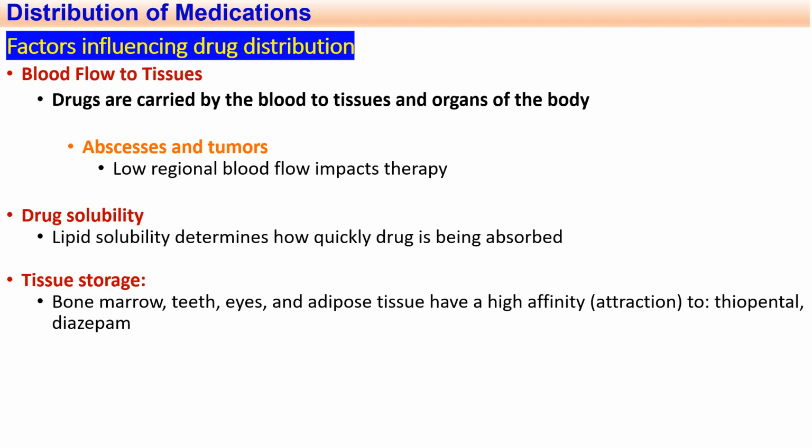So what about abscesses and tumors? Low regional blood flow impacts therapy, like when there is low blood flow or ischemia. The pus-filled pockets lack blood vessels or a bloodstream. So there are no internal blood vessels in these pus-filled pockets or abscesses. No perfusion, no blood flow.